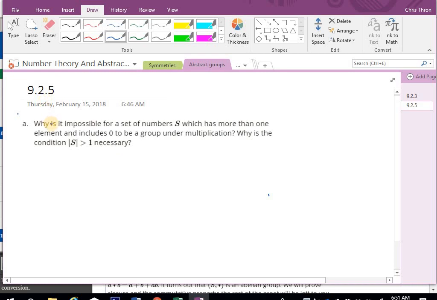All right, so let me do a couple of problems very quickly. Here's 9.2.5A. Why is it impossible for a set of numbers S which has more than one element, includes 0, to be a group under multiplication? I suggest that you show two things here. First of all, you show that 0 must be the identity element.